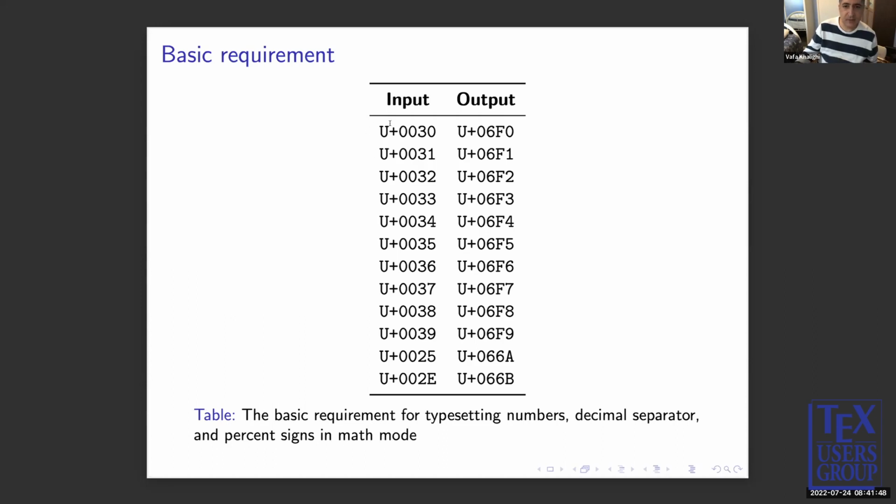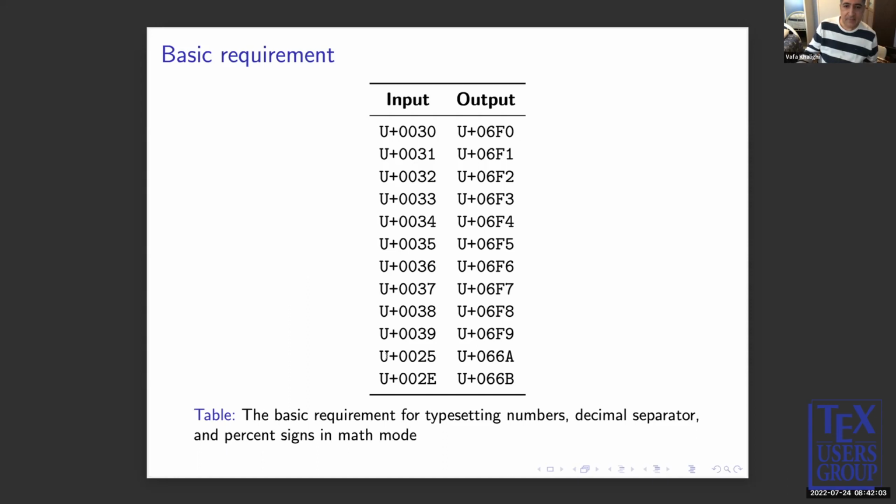So what we really need to do is that for the Latin digits 0 to 9, we need to convert them in the output to the equivalent Persian ones.